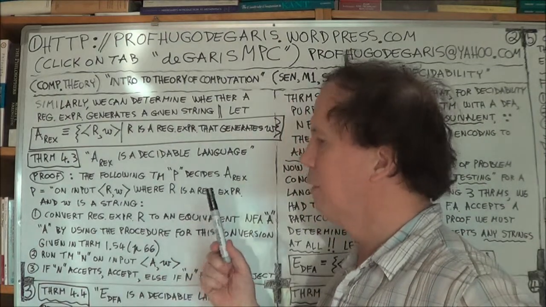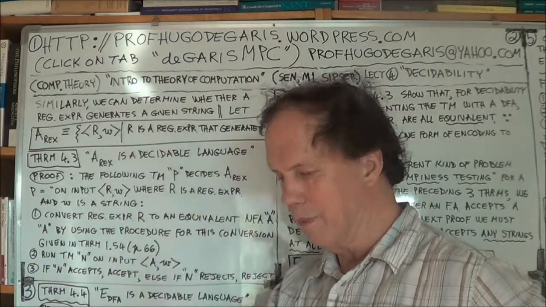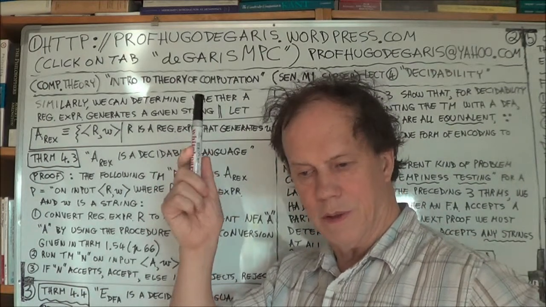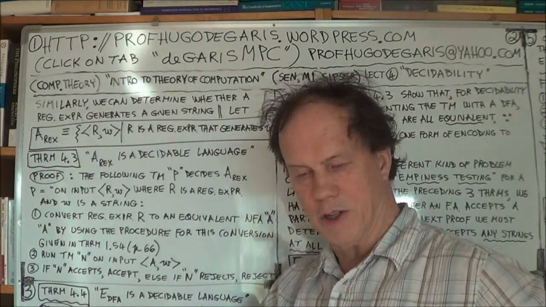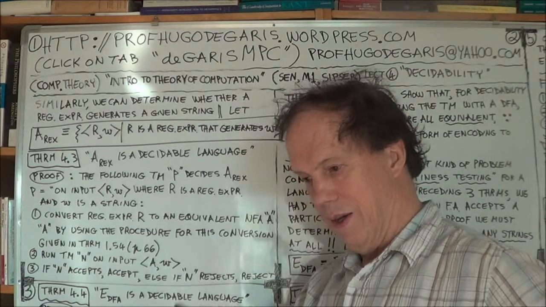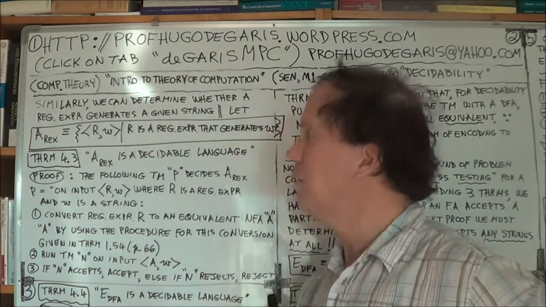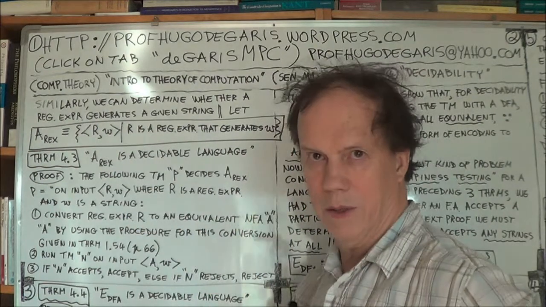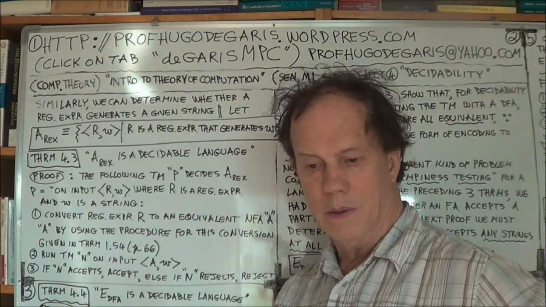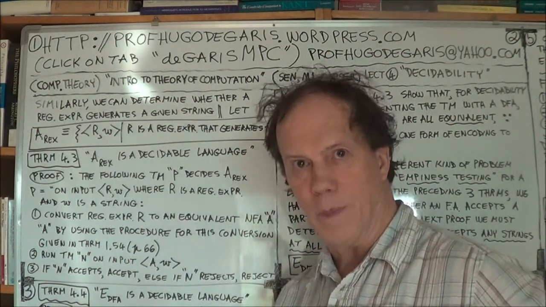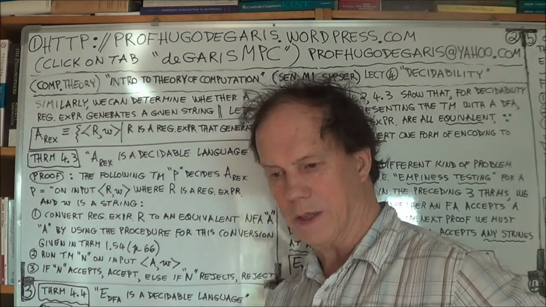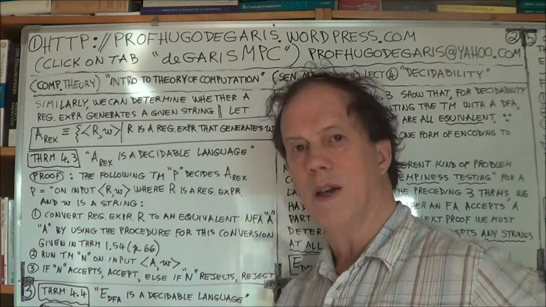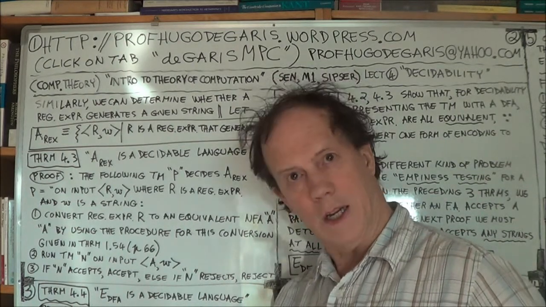And if some arbitrary regular expression does not generate that arbitrary string, then that pair will not belong to this language. And so therefore you have the answer no. So a reject. The Turing machine you have designed would reject.